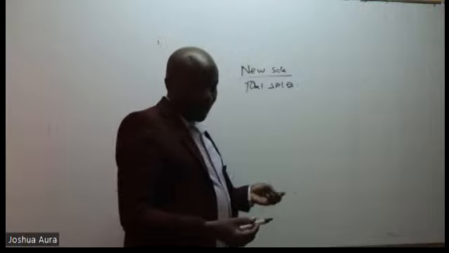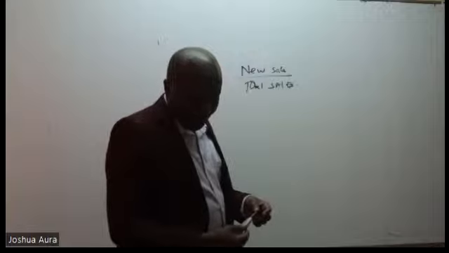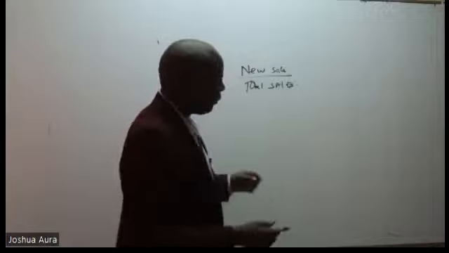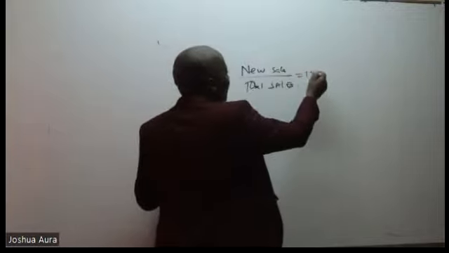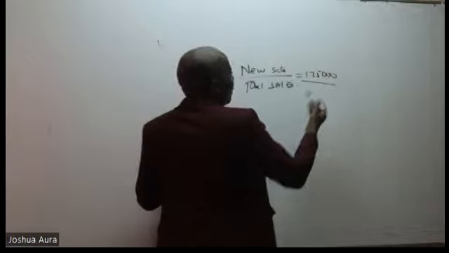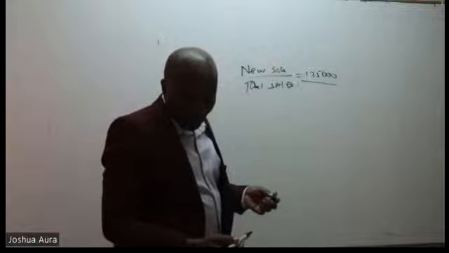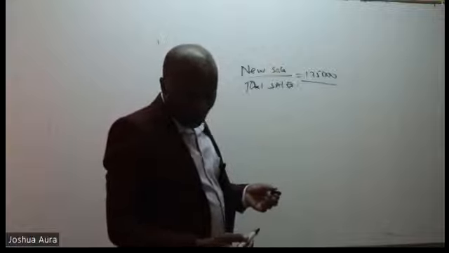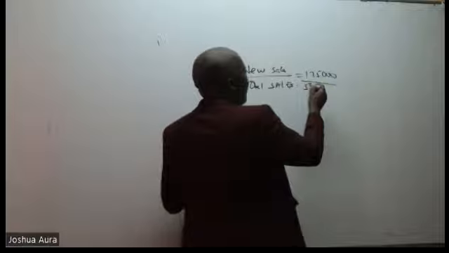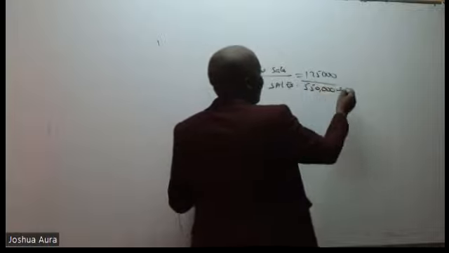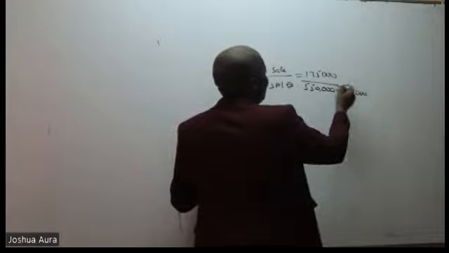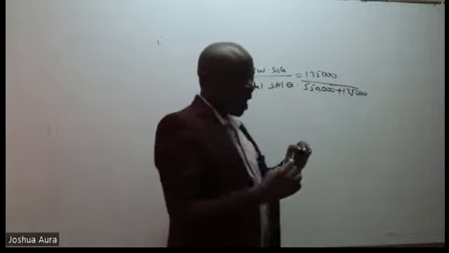So the new sales revenue is 125,000 all over the total sales revenue, which would be 550 plus 125,000.